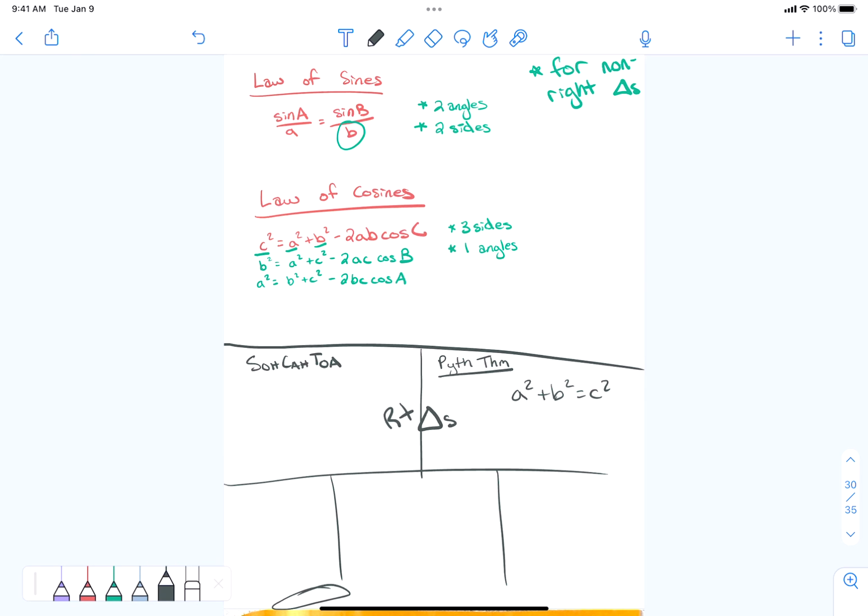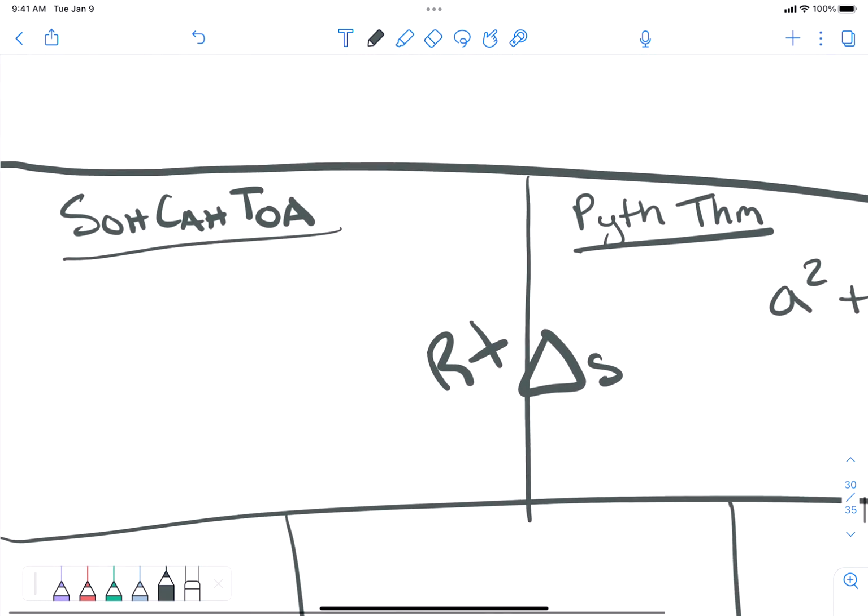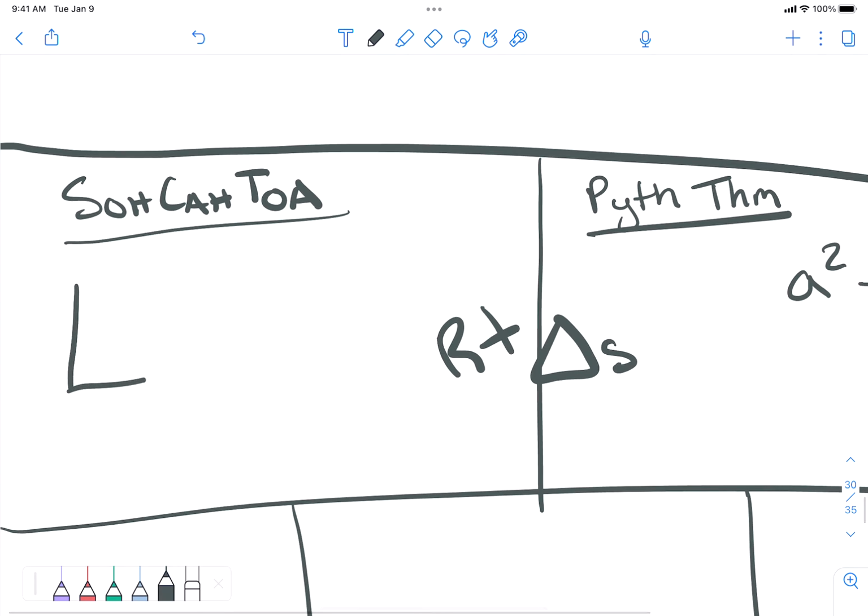Okay. So, do you want to do an example of a SOHCAHTOA problem? I think this morning I did something like this. Here's my angle, 23 degrees, with 8 and X. This is a SOHCAHTOA problem, right?